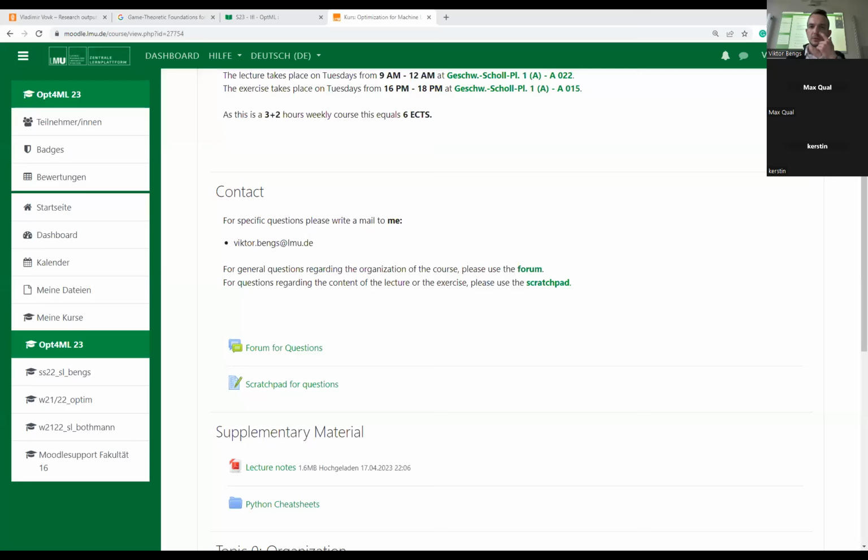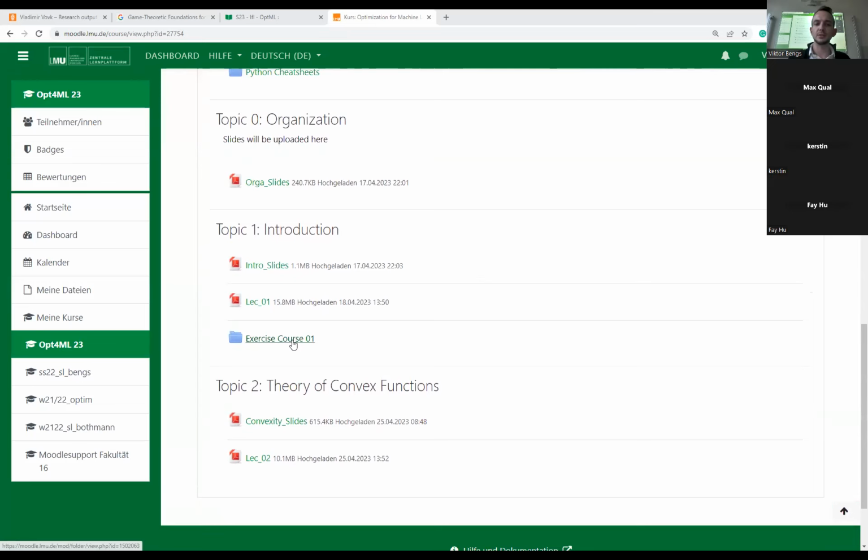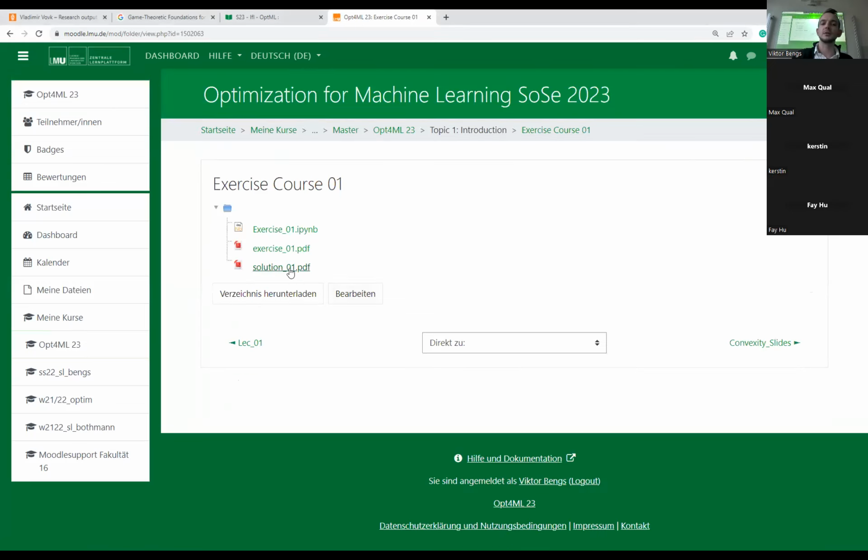Perhaps before we start with the exercise sheet, my goal before the exercise course starts is to try to upload the solution, to have it in PDF.